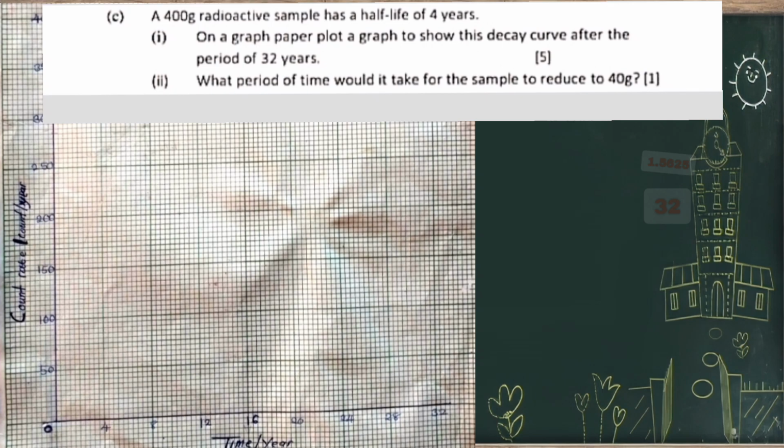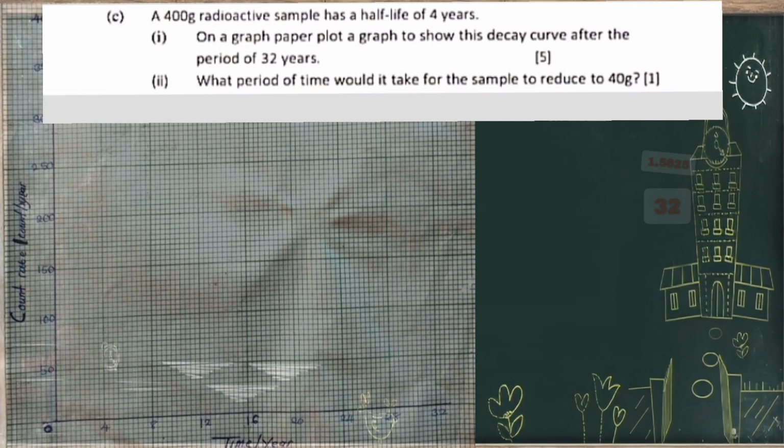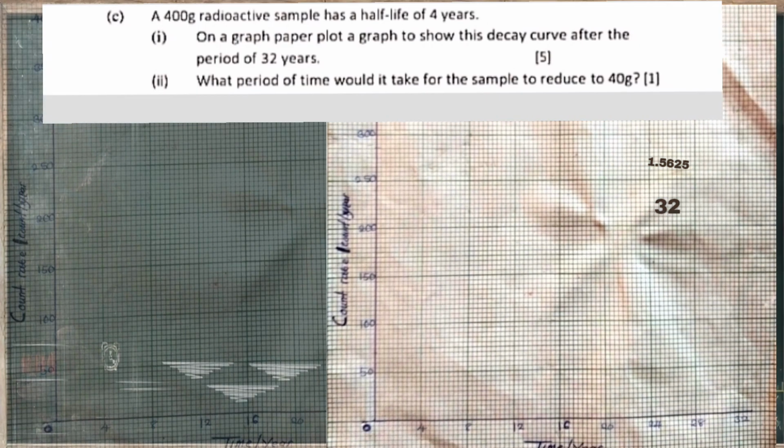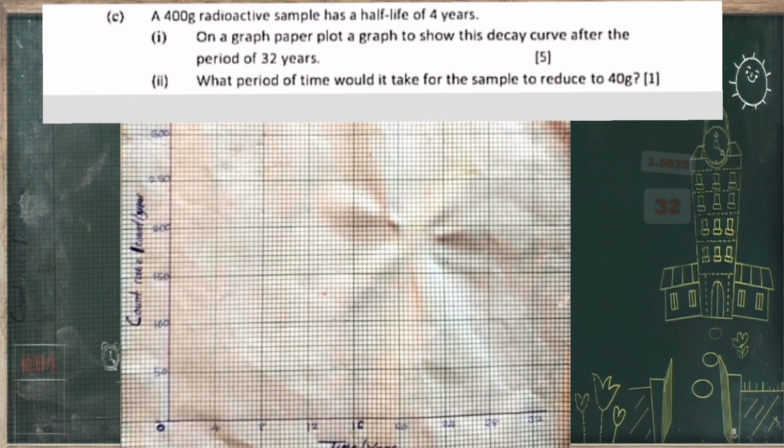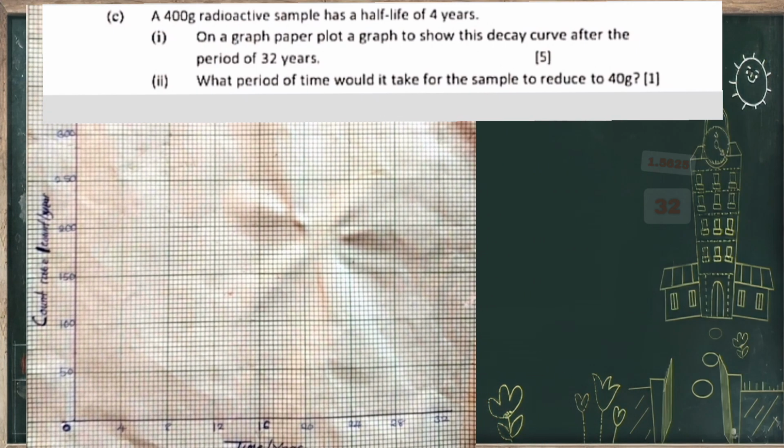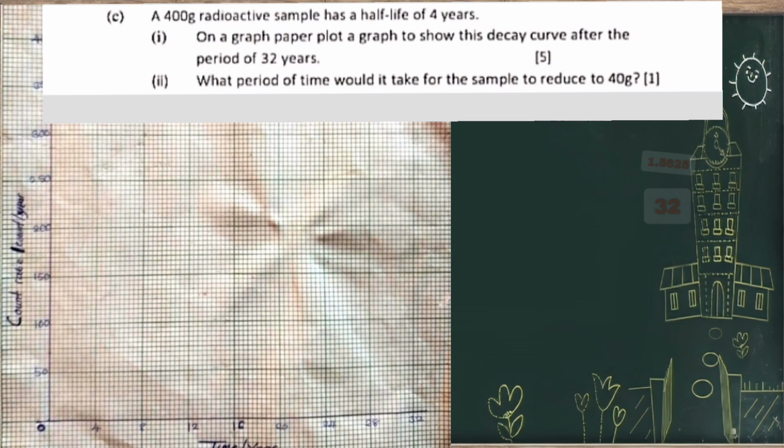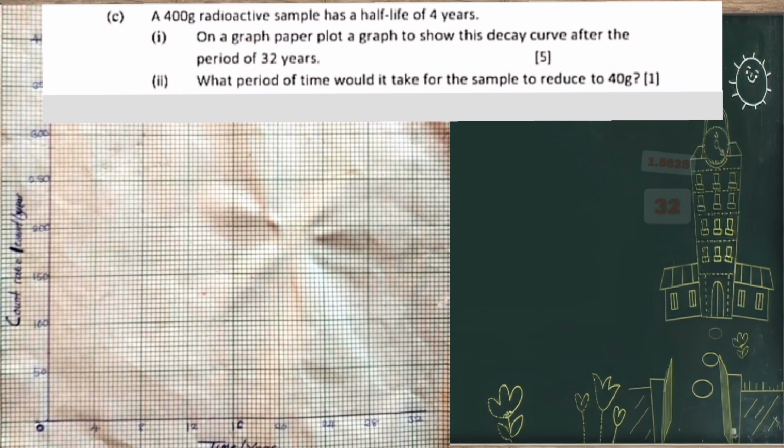Then as for time, or in the x-axis, I'm going to have time in years. Okay, so let's start with the first one. So the first one, we have 400 grams, comma 0. So 400 grams, comma 0 is going to be on 400 in the y-axis, like this.